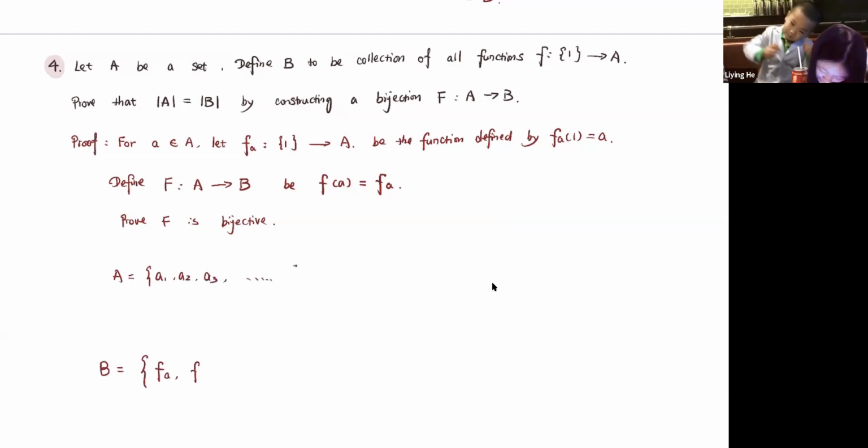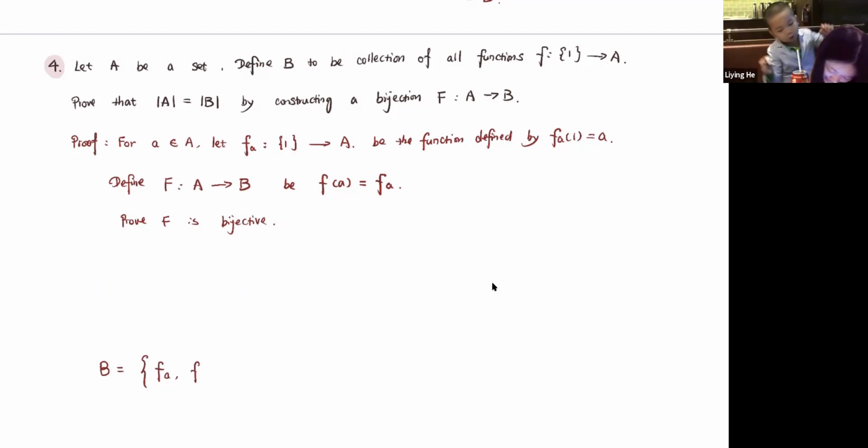It doesn't need to be countable, I'm just writing it for you to understand. This is really confusing because you might think A is countable. So let's say a is in A. So you pick any element in A.